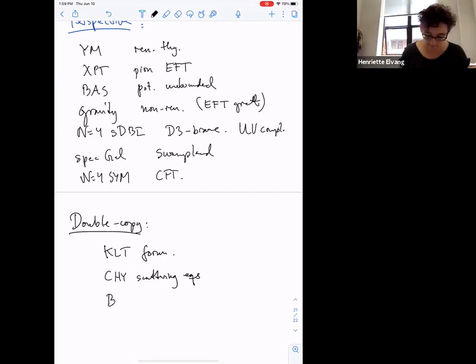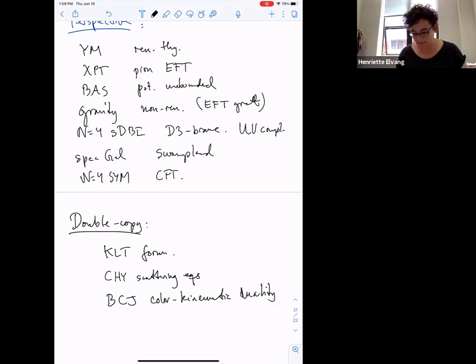And then there are BCJ, color-kinematic duality, which is a very useful way too, and the method that tends to generalize to loop integrands if you want to do double copy there. Then there's the idea that there's a double copy for tree level, and tree level is supposed to capture the classical physics. So does that mean that solutions to equations of motion also have some double copy?